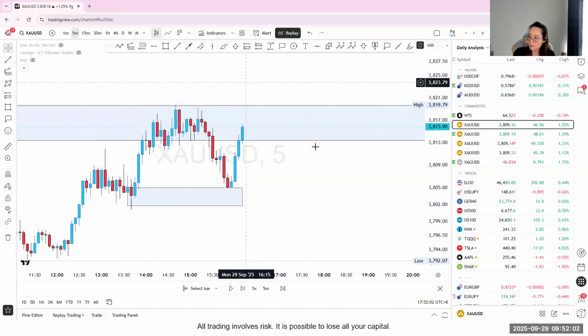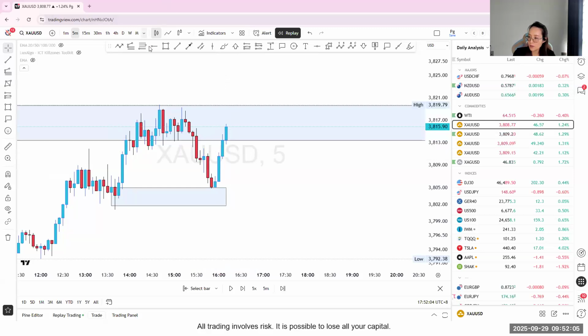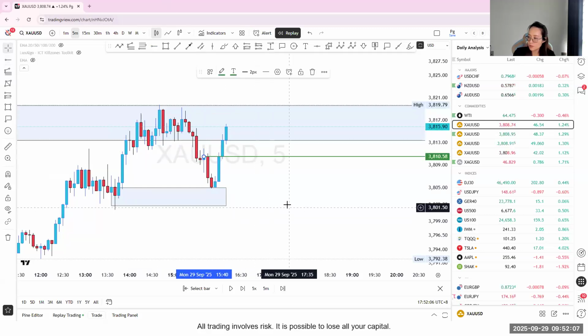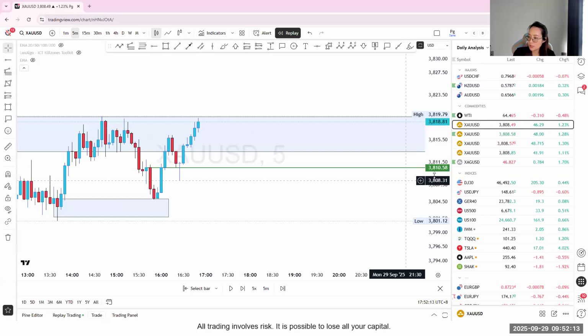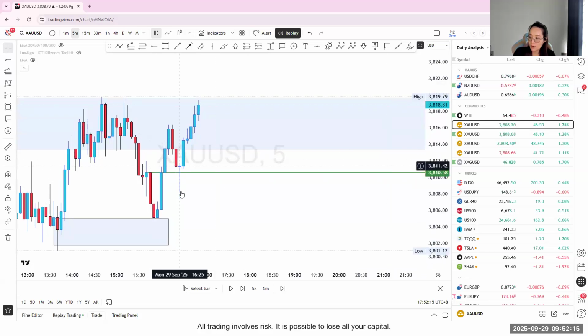The TP I would aim for, because I'm in the lower time frame, is 50 pip. This is gonna be the take profit for the sell entry, right? And you can see that price closed with price action. Whenever you see the price action like this, you can buy.